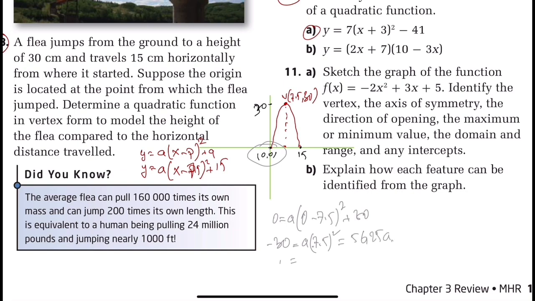So my a is -30 over 56.25, which is -8 over 15. So my final equation will be y = -8/15 (x - 7.5)² + 30. This will be my final answer.